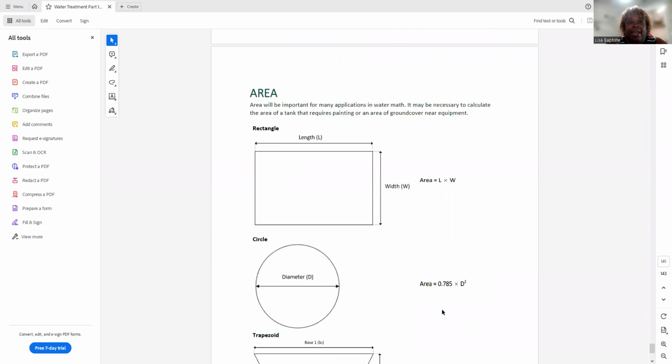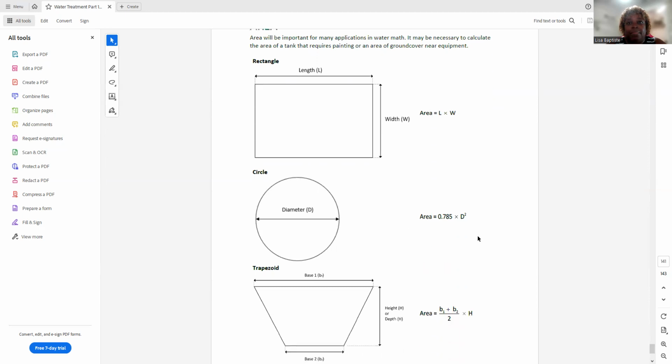Then we get to area. And so for our area, it depends on the type of shape that we're looking at. For a rectangle, it's length times width, that's our area. For a circle, from one point to the other point of a circle is known as the diameter.